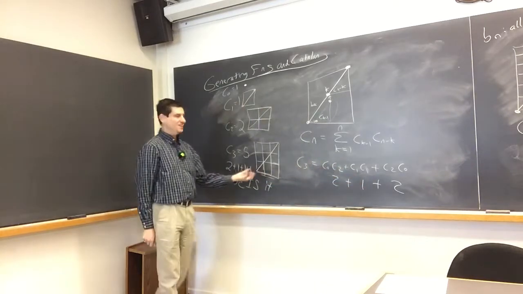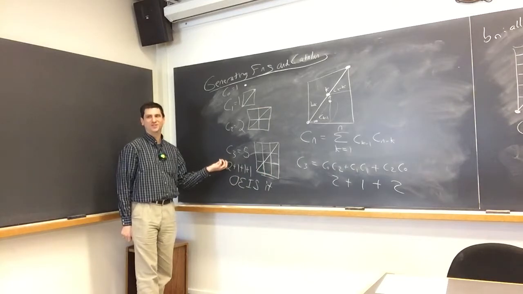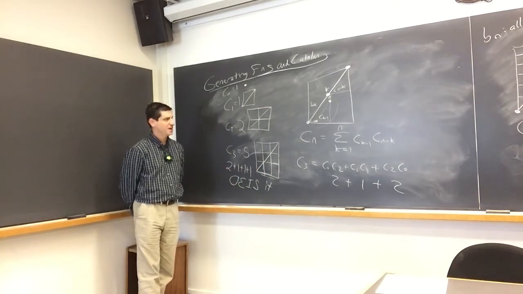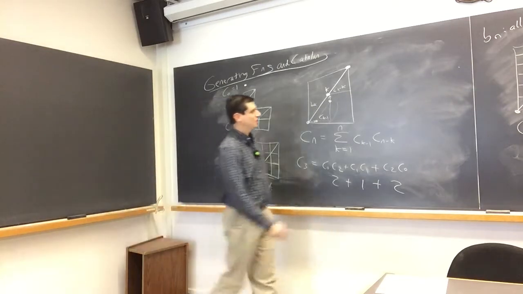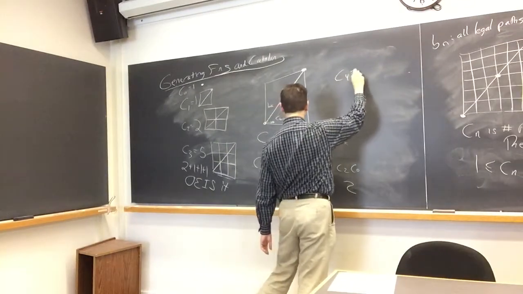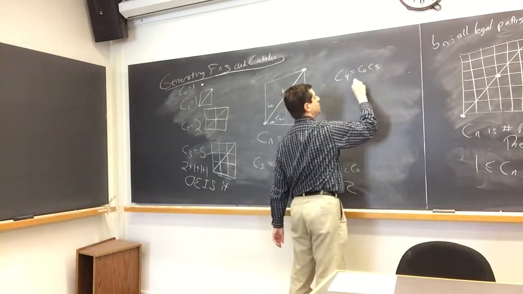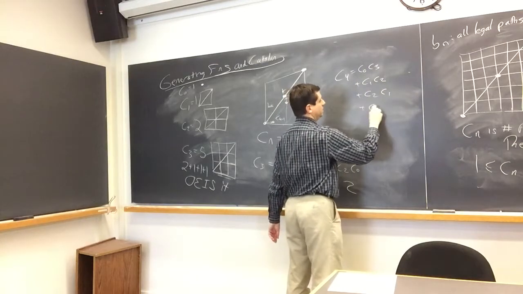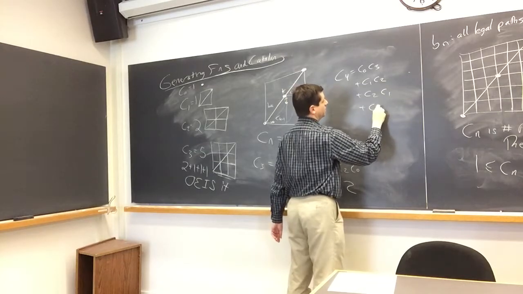Try C4, right? Let's compute C4 by brute force. Now, the nice thing is I happen to know what the answer is for C4, so we could actually just check. This would tell us C4 should be C0 C3 plus C1 C2 plus C2 C1 plus C3 C0.